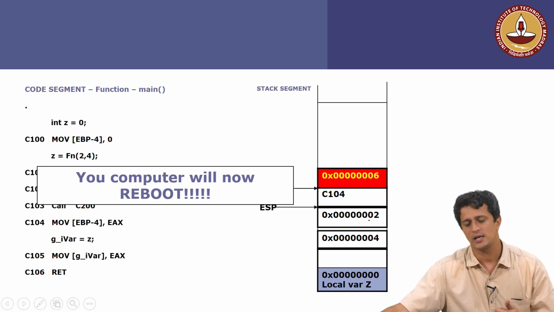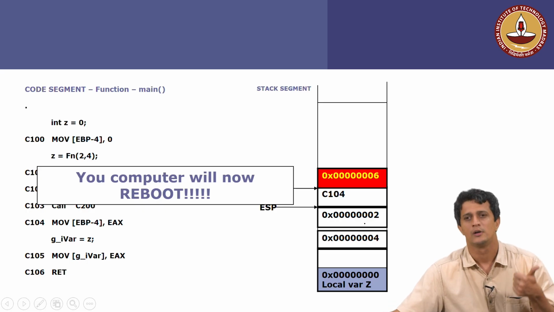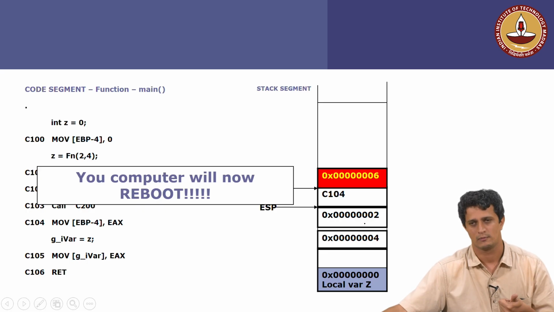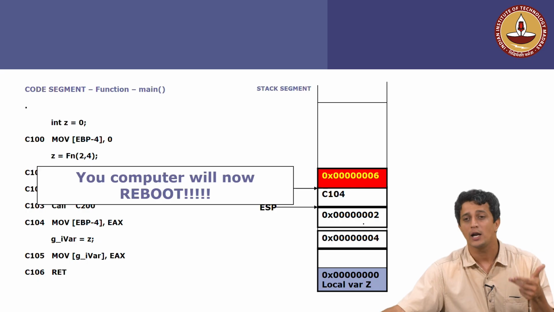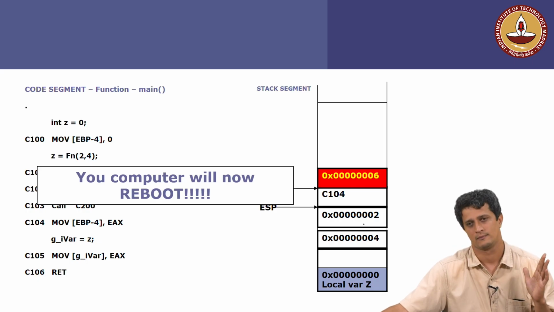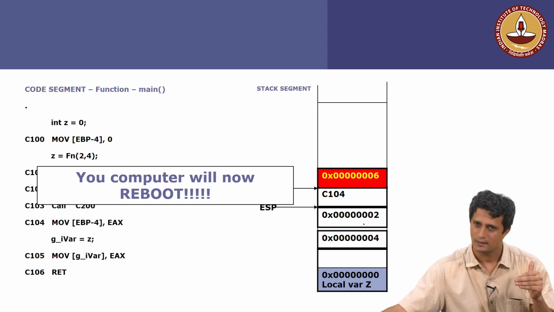So what have we done in the process of calling this function? We have pushed onto stack two variables with values 2 and 4, and we have forgotten to undo this stack operation before we did a return. And this is what we are going to correct in the next lecture.